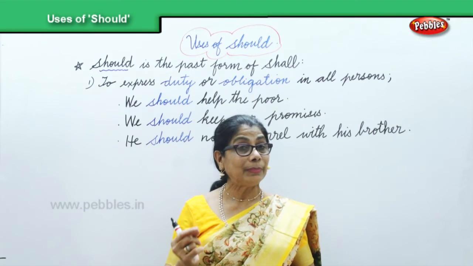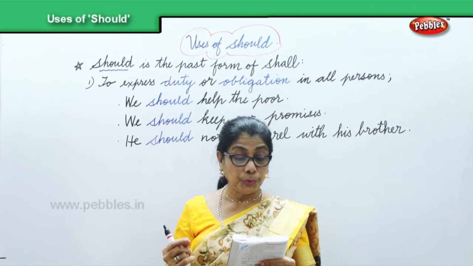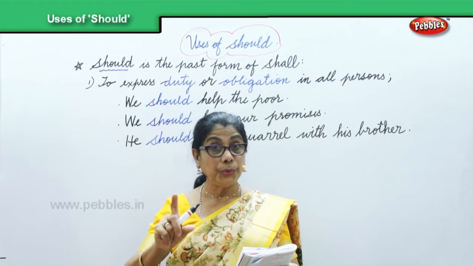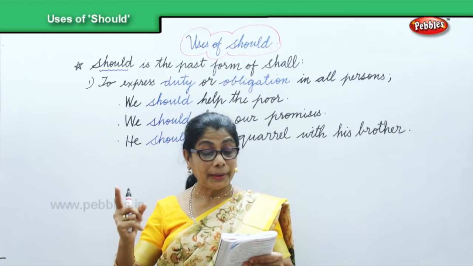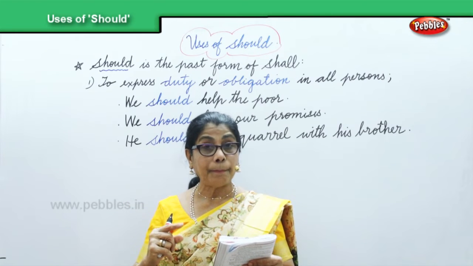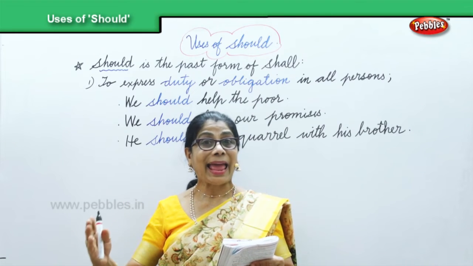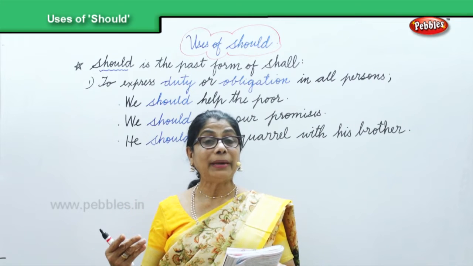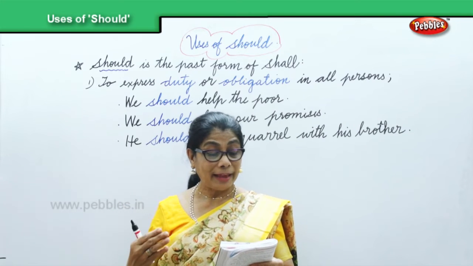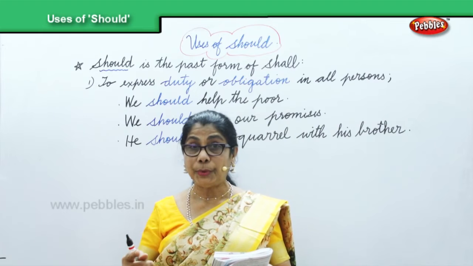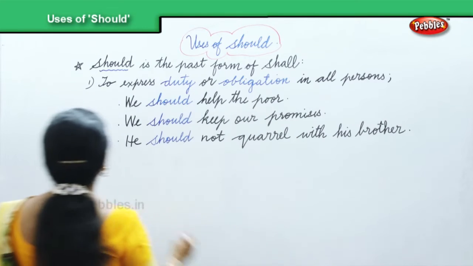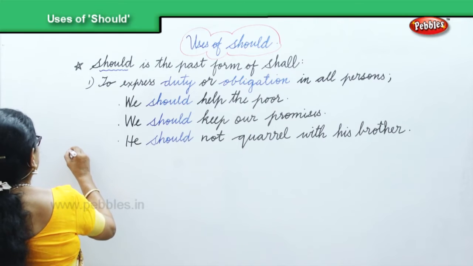Now, there's something very important to note. Duty in the past is expressed by should have. When you're talking about past duty, you must write it as should have. That's what we're going to look at in the next few sentences.